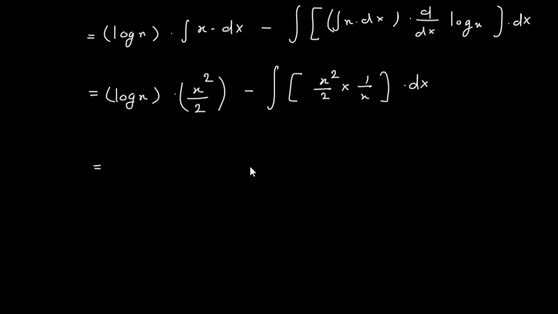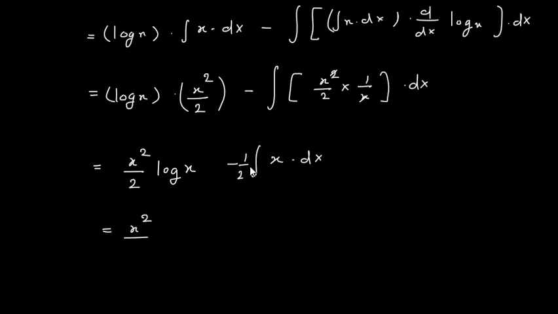Now I can write this first as x square divided by 2 into log x, minus integration of this, where 1 x will cancel. So 1 divided by 2 you can take out, and here you have x into dx.